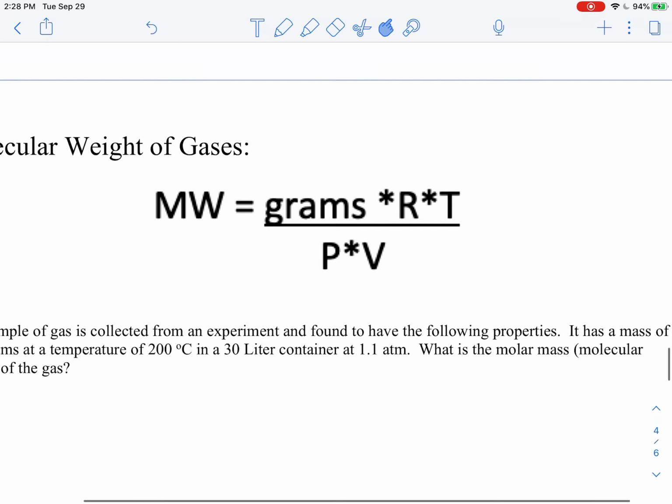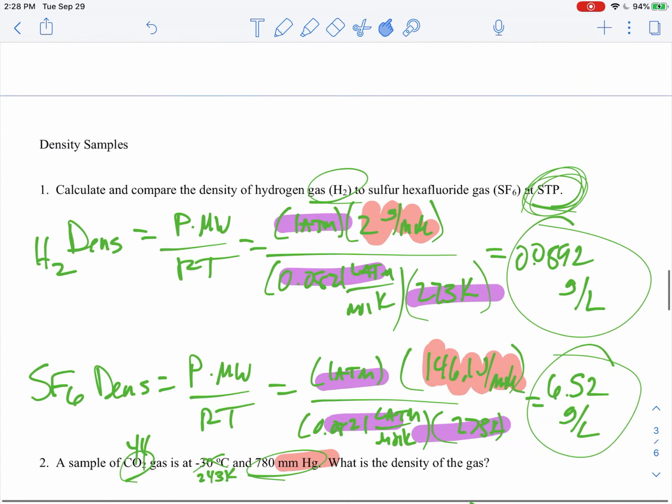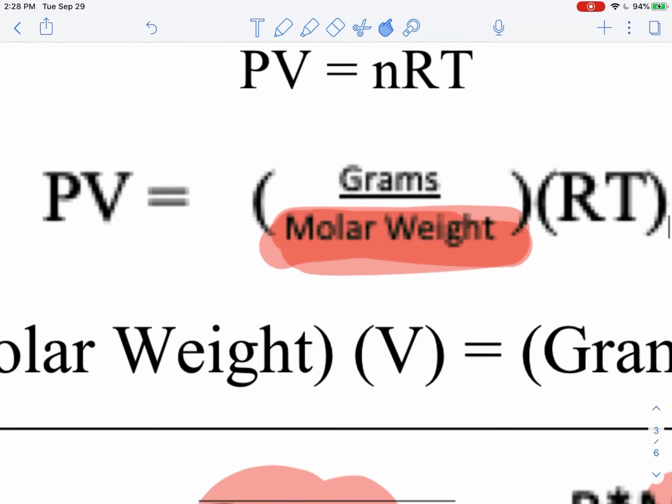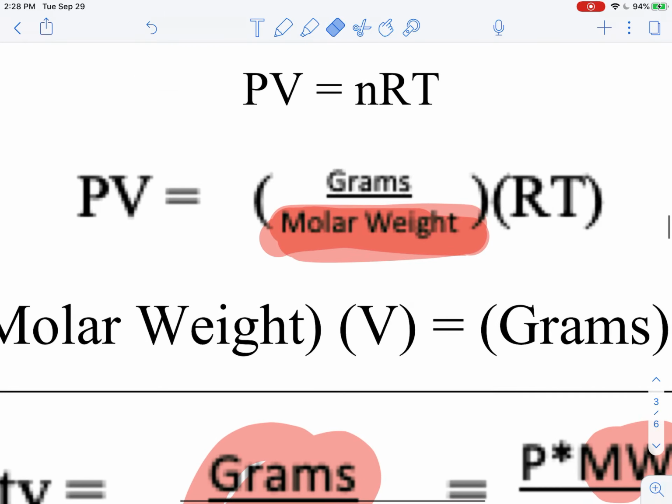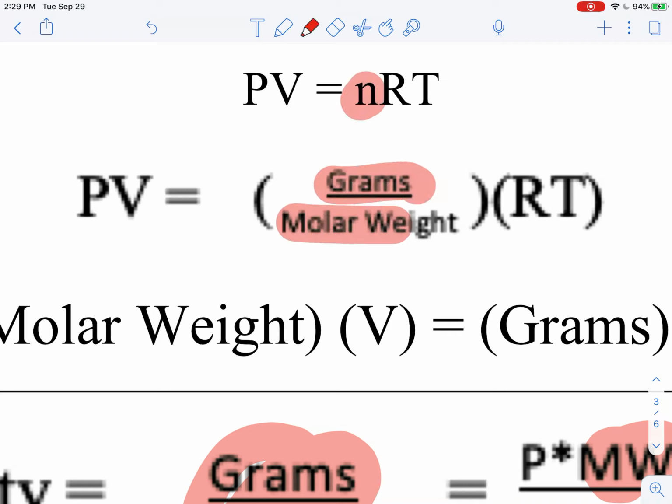So again, I shouldn't have to prove that to you because it is just a remanipulation of our ideal gas equation. We have PV is equal to nRT. I'm going to take n and change it into the grams divided by the molar weight, and now I'm going to solve for the molar weight.